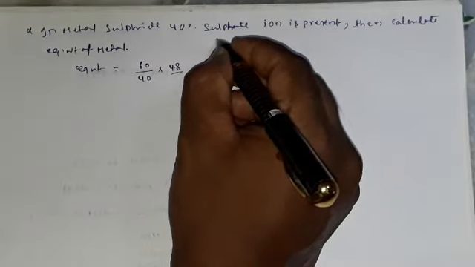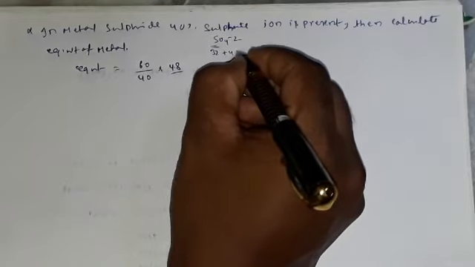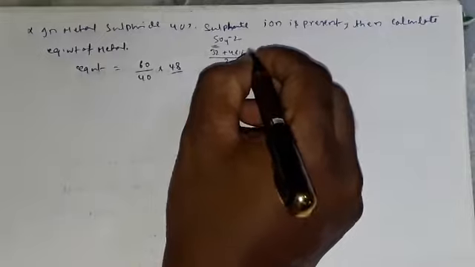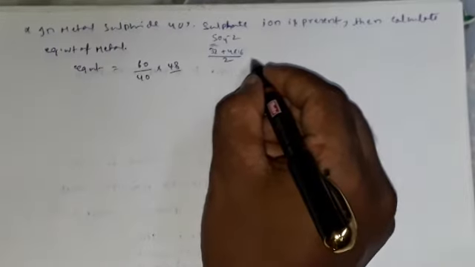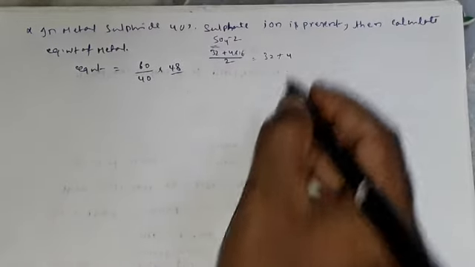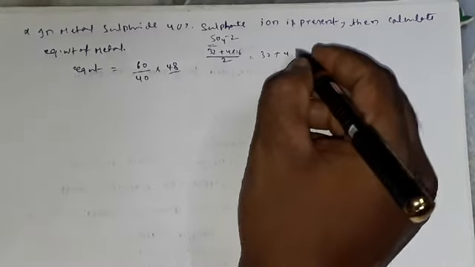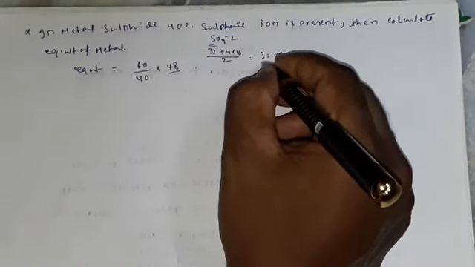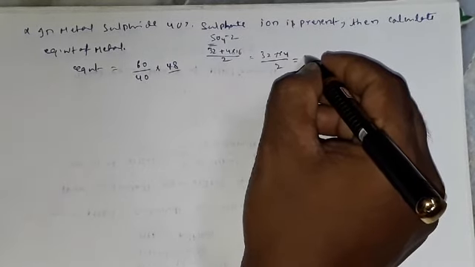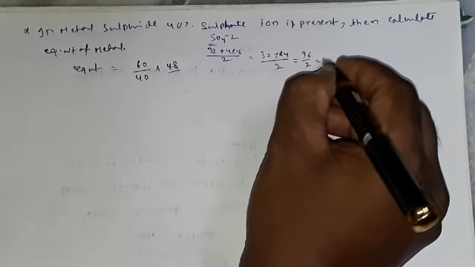Sulfate means SO4 2 minus: sulfur 32, 4 into 16, so 64, plus 32, 96 by 2, 48.